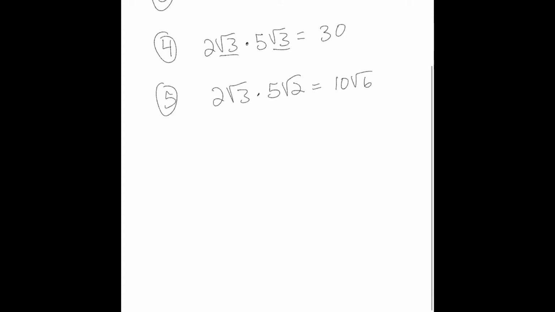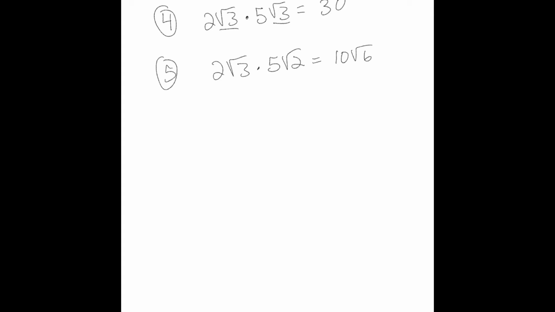Okay, if you have to simplify your answer, like if you get 2 over the square root of 3, we don't want to leave a square root in the denominator. And so what we do is we rationalize the root by multiplying the bottom and the top by that root.